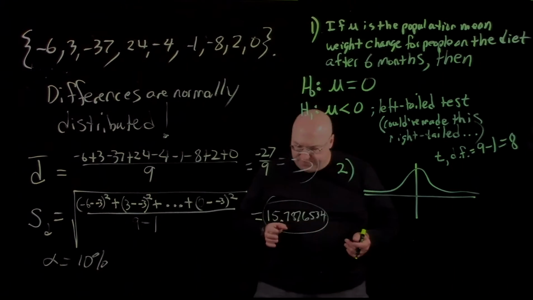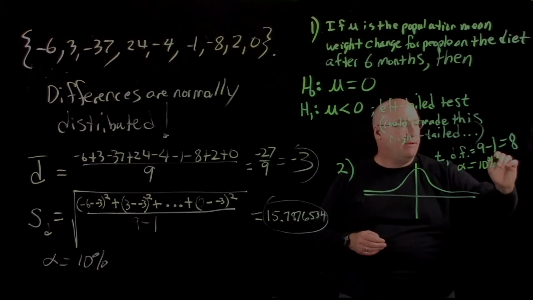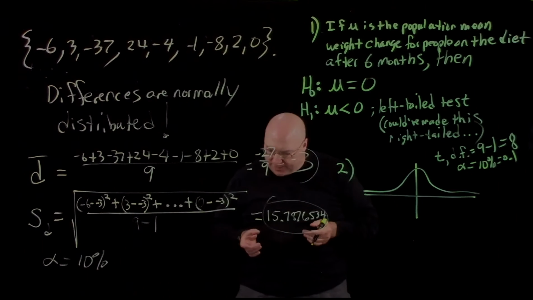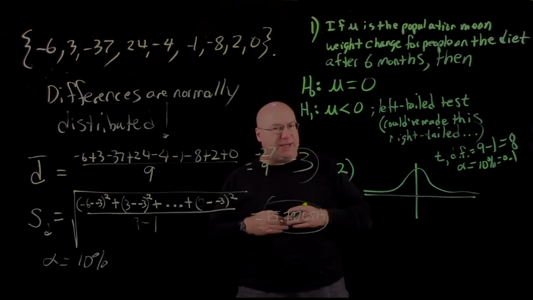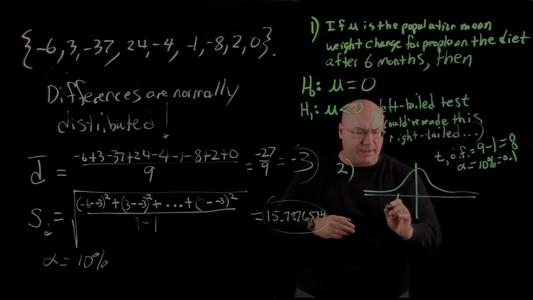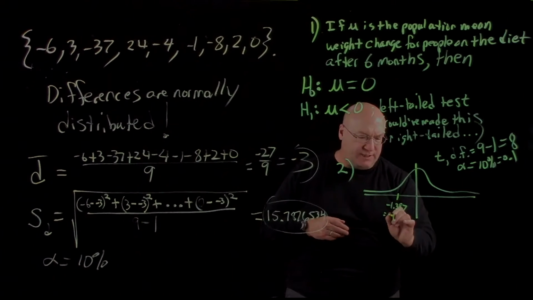At alpha equal 10%, which is 0.1 area in one tail, you get 1.397. And of course it's left-tailed, so it's actually back here at negative 1.397. That's my critical value, right?